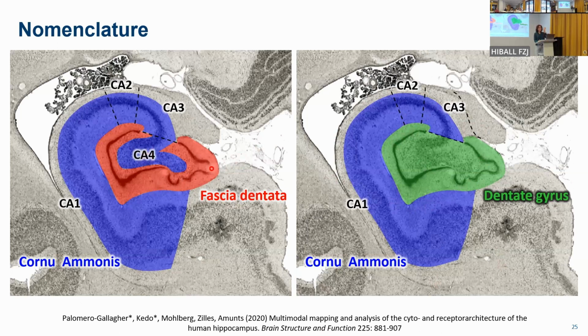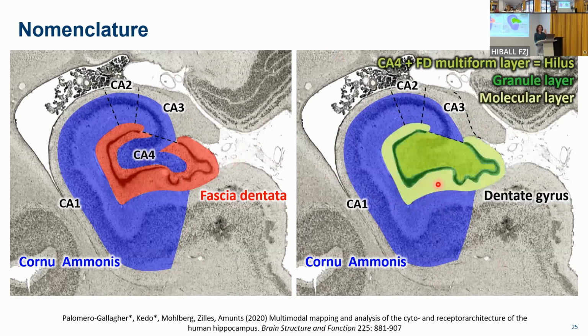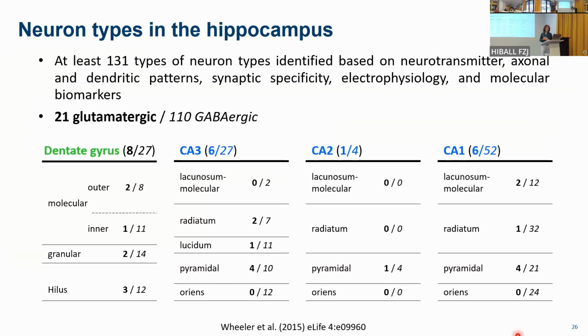The thing is, if within the dentate gyrus we identify the molecular layer of the fascia dentata, and we identify the granular layer of the fascia dentata, and then we merge the multiform layer of the fascia dentata together with the CA4 region, then we get a structure which is called the hilus. Okay, right. I just wanted to mention this name because it appears in this slide here.